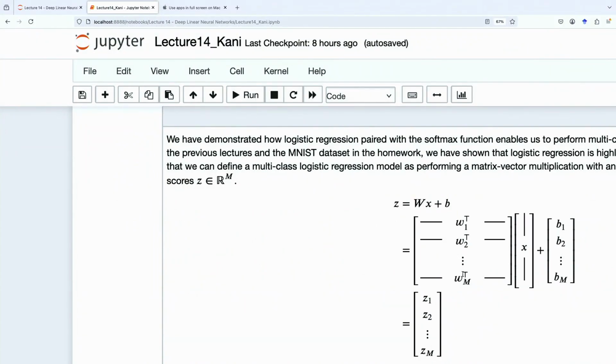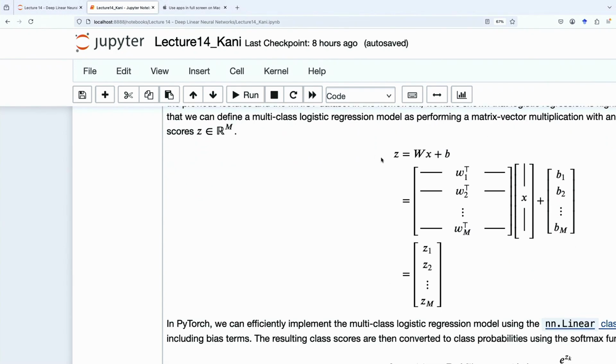Okay? So why am I emphasizing this? Well, if we know that Z is defined by, I should say Z1 is equal to W01 times X0, plus W11 times X1, plus B1.